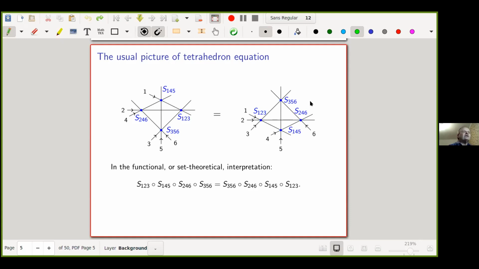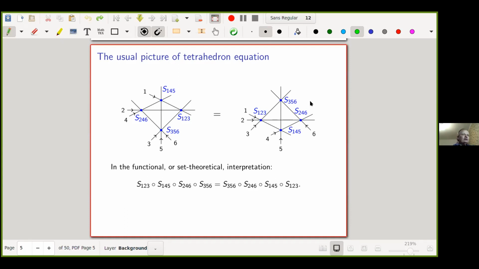Here is the usual picture of the tetrahedron equation, and it has several varieties. Several varieties of equation which are depicted using the very same picture.